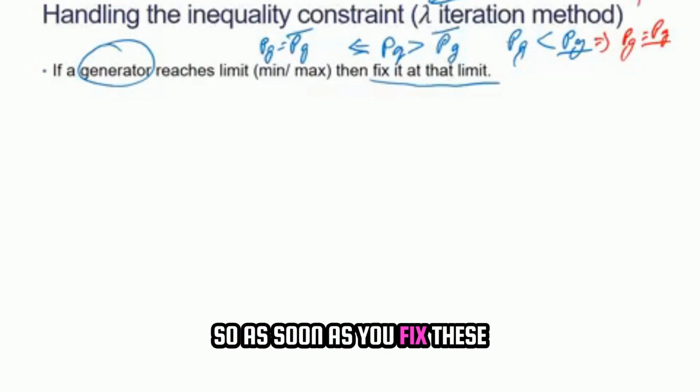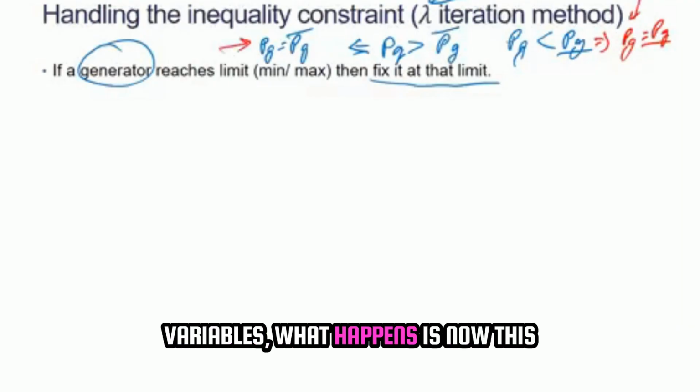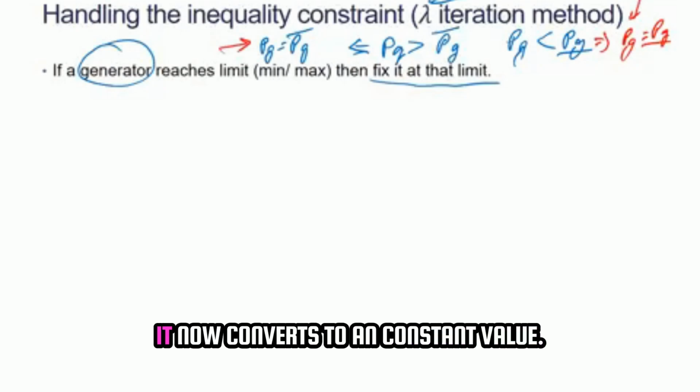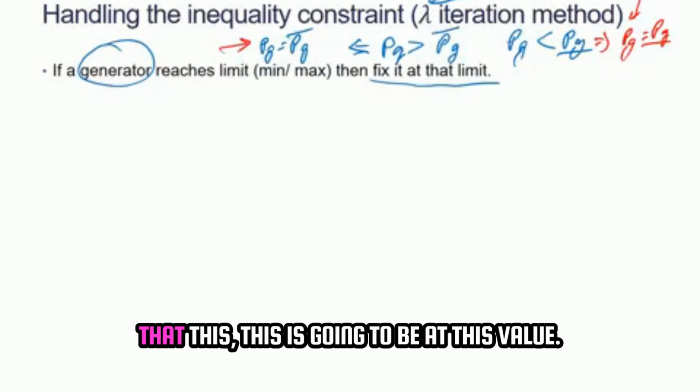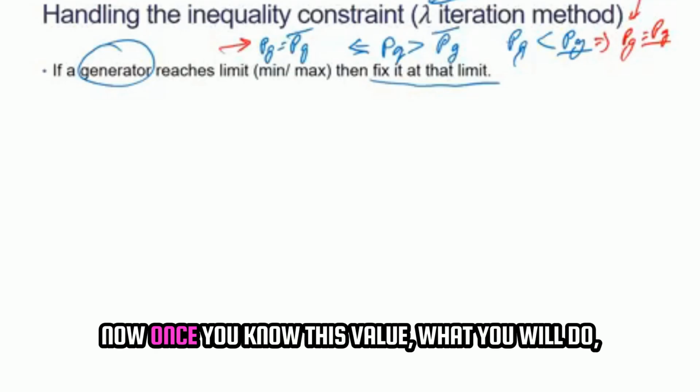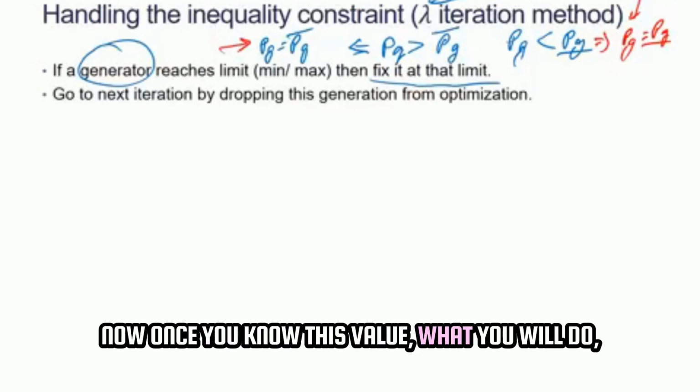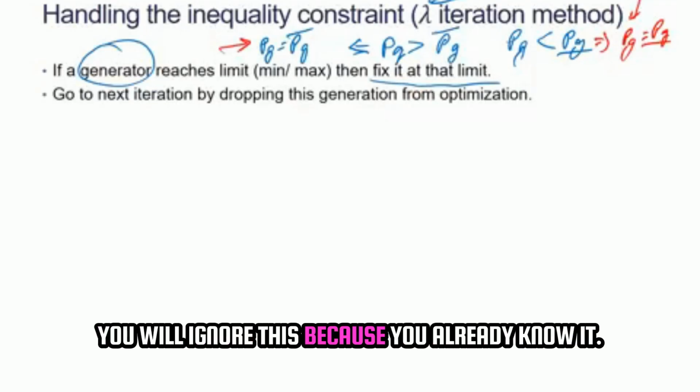As soon as you fix these variables, this no more remains a variable. It now converts to a constant value. It's a parameter now, because it is already known that it is going to be at this value. Once you know this value, you will ignore it because you already know it.